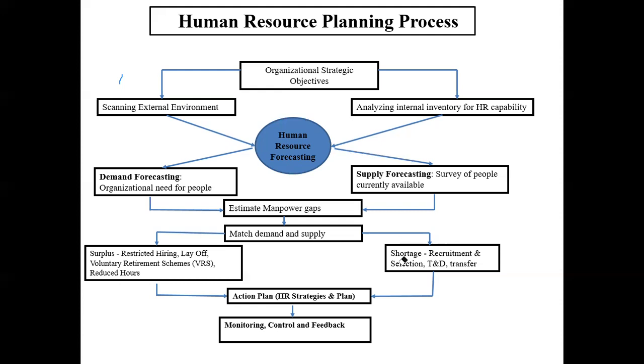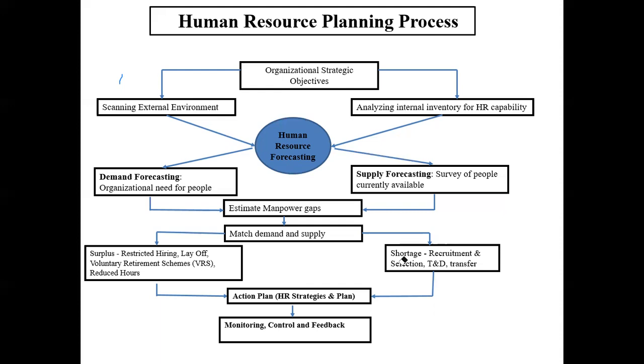include recruitment and selection. So to deal with the shortage, you will have to go outside the organization and recruit new people that have what it takes to come and fill those vacant positions. So that is one of the action plans.